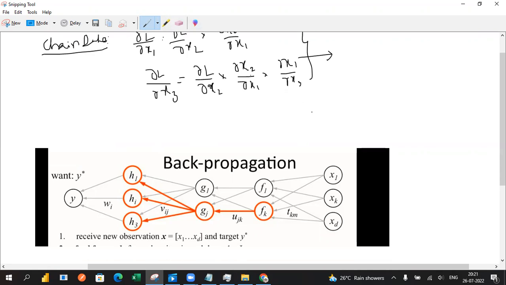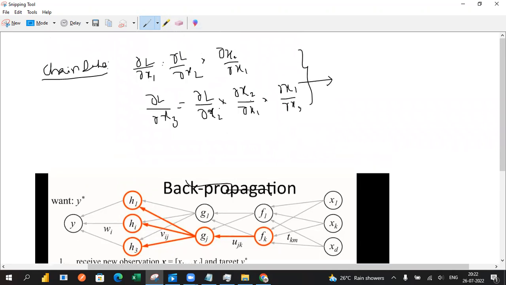Suppose I have other hidden nodes. Let's take this as one hidden node, and this is one hidden node, and this is one hidden node. I will construct it with respect to the different hidden nodes and try to apply this concept to our neural network model. This is going to be helpful in the back propagation algorithm and something called memoization.